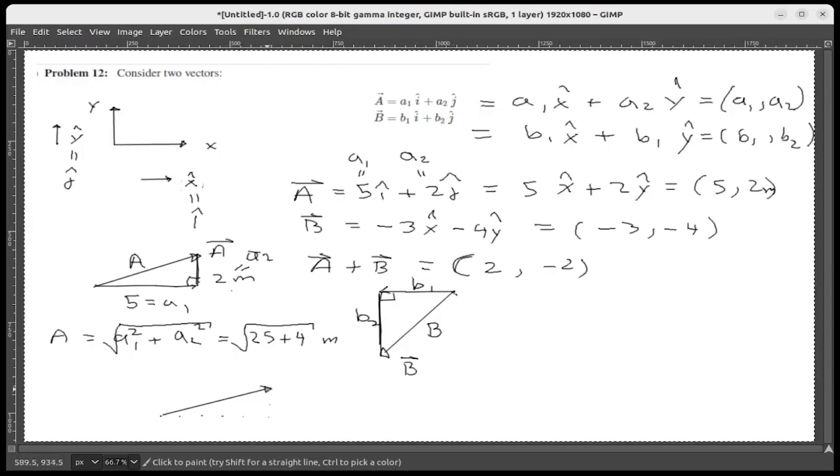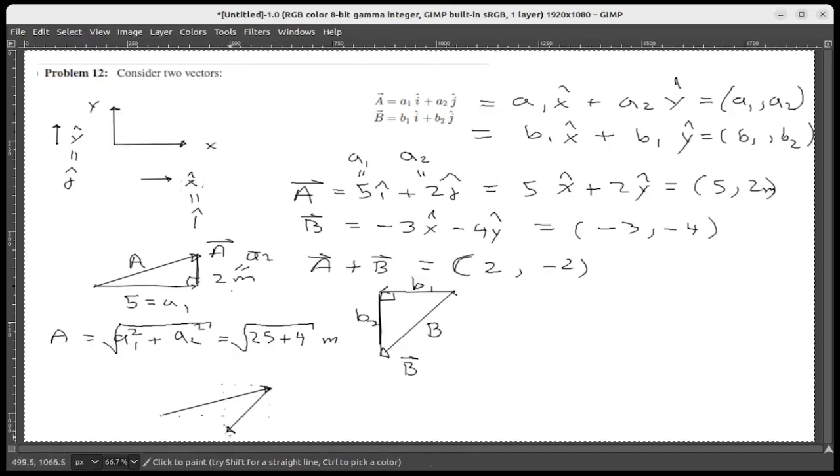So this one is going to go -3 in the x direction, 1, 2, 3, and then -4 in the y direction, 1, 2, 3, 4. So I put the tail of this one at the tip of this one and go right down to there. So that's my b vector.